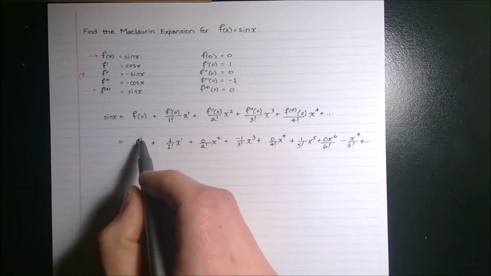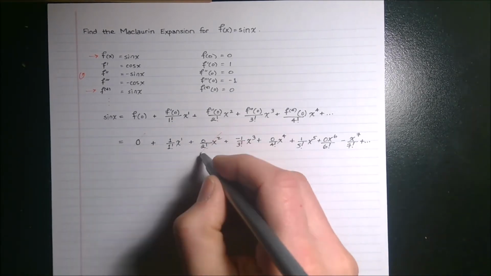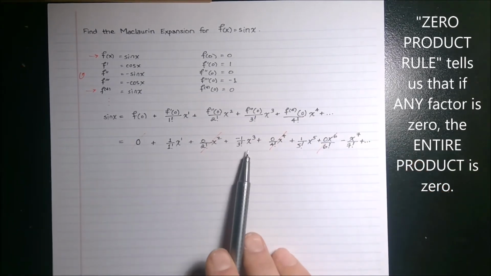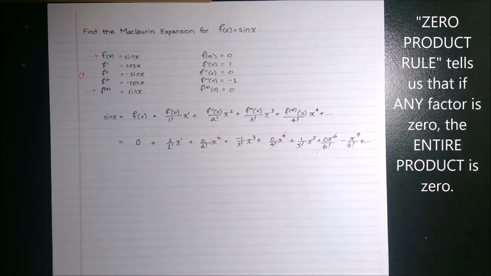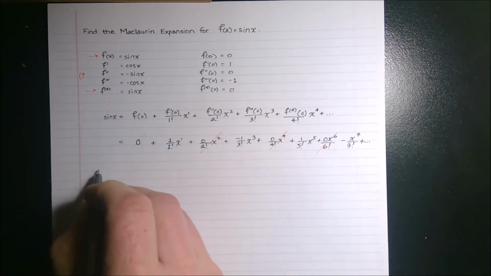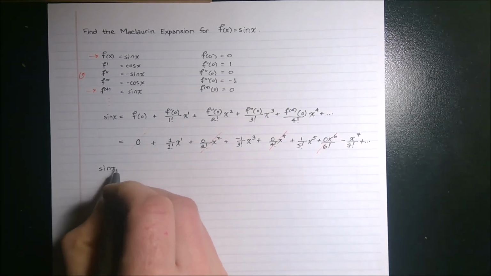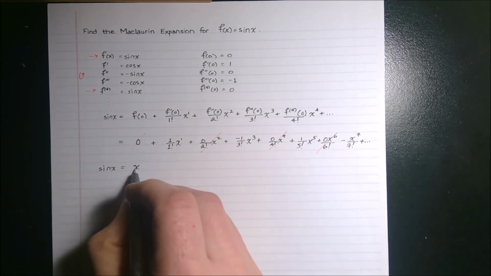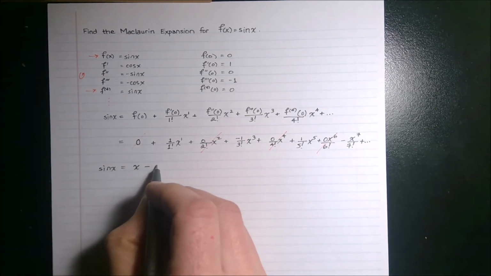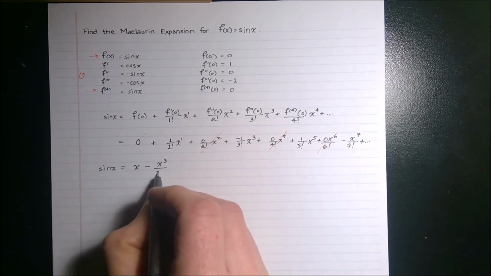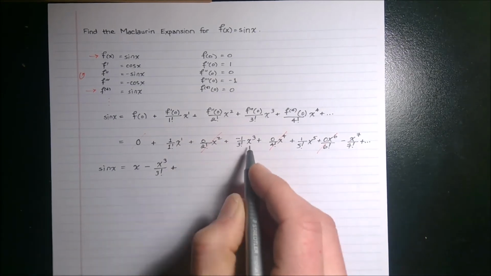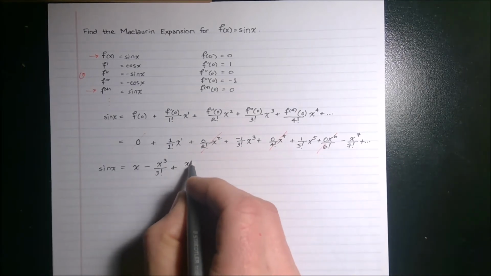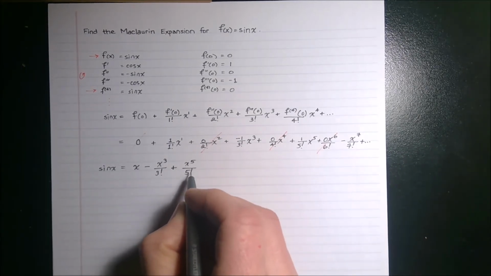Hopefully you're noticing that that is 0, 0, 0, 0. All the evens cancel out. So cleaning all of this up, I've got that the sine of x is equal to x minus x cubed over 3 factorial plus x to the fifth over 5 factorial.